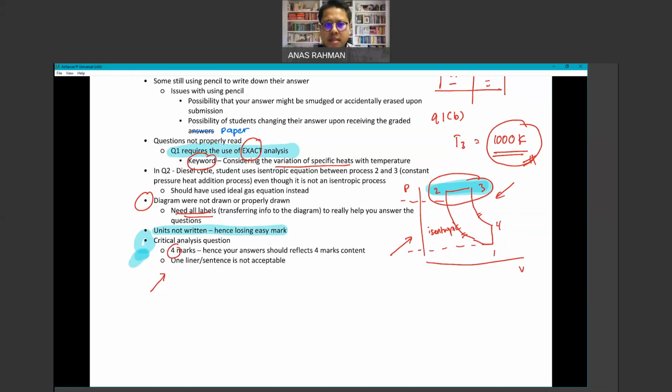But if your answer was just no, it will have no impact, or it will impact, but just a little bit, it will not have a huge influence on the cycle, for example, then unfortunately, the most that you can get is probably just 1 mark, or maybe no marks at all. So please look at the corresponding marks given for that particular question.